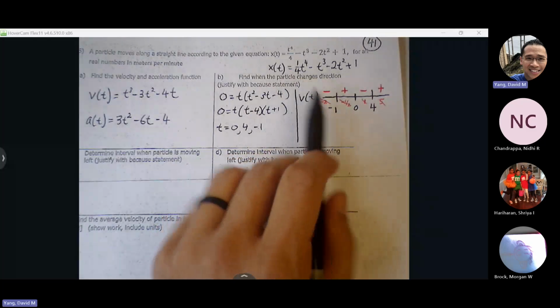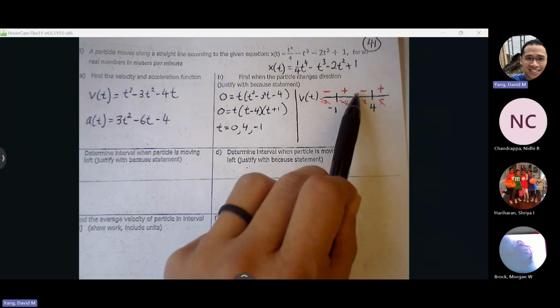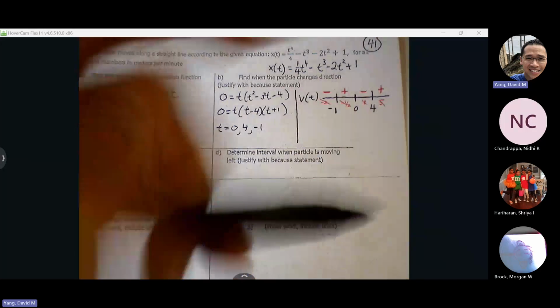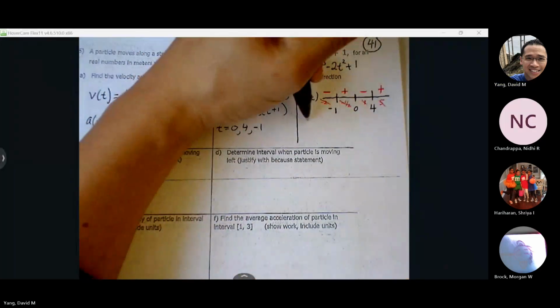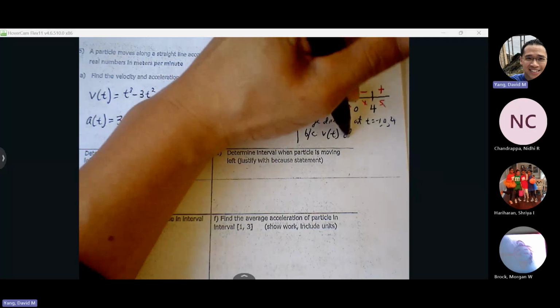Okay, so we see changing direction at -1, 0, and 4: from left to right, from right to left, from left to right again. And the reasoning is because v of t changed signs.